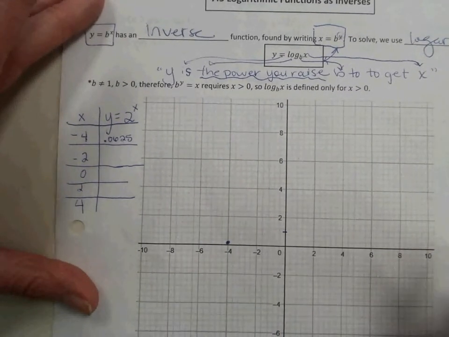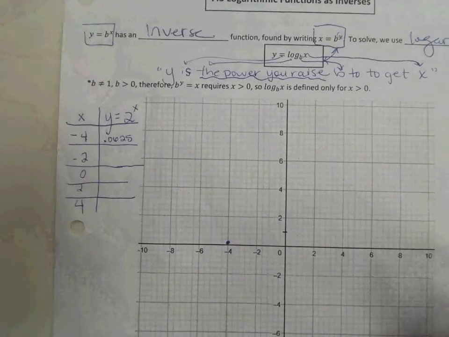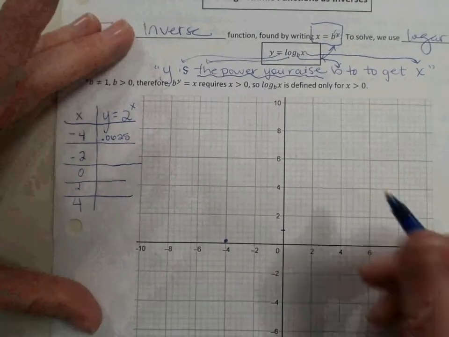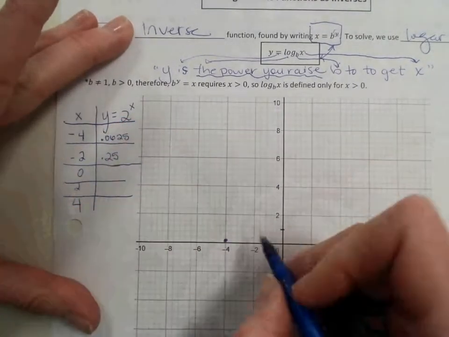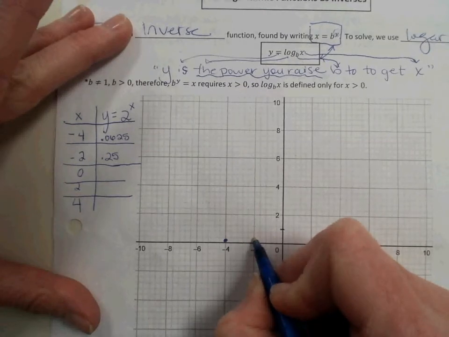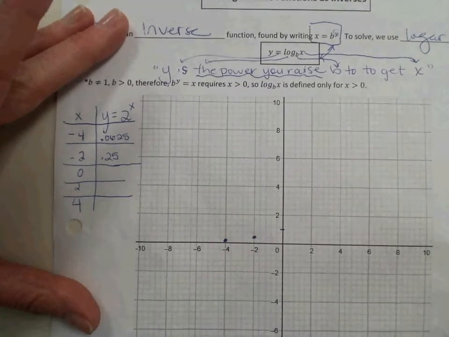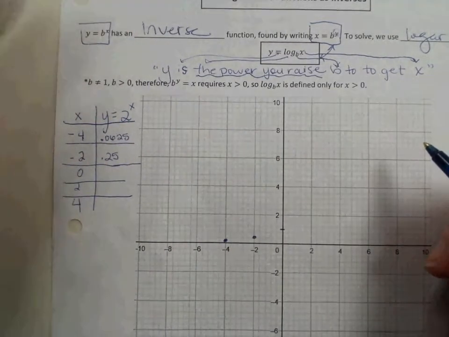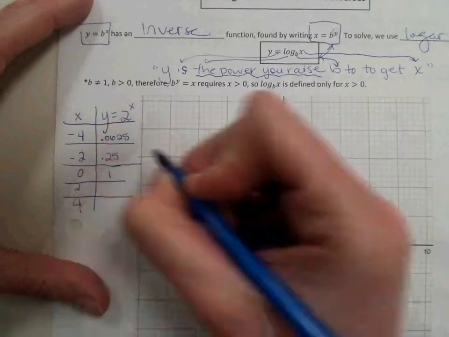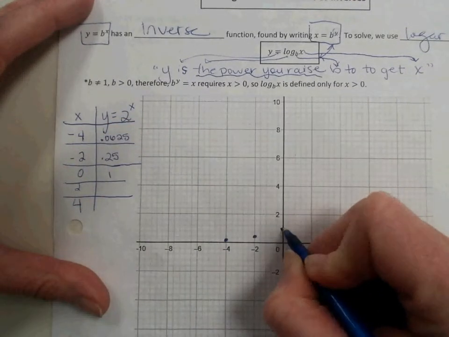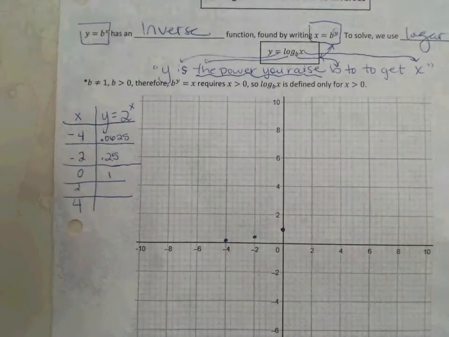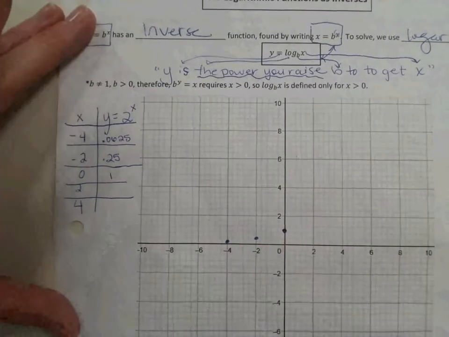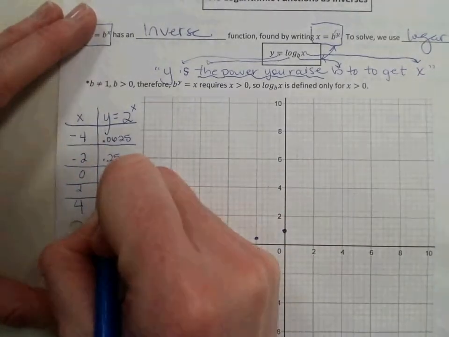Next, if you type in 2 to the -2nd power, maybe you already remember, that means 1 over 2 to the 2nd, which is 1/4 or 0.25. So at -2, we're only slightly up here, 0.25. Raising anything to the 0 power gives us 1. So at 0, we're at 1. There's not actually a line for 1, so you kind of have to just look for halfway between the 0 and the 2. 2 to the second power, 4, right?